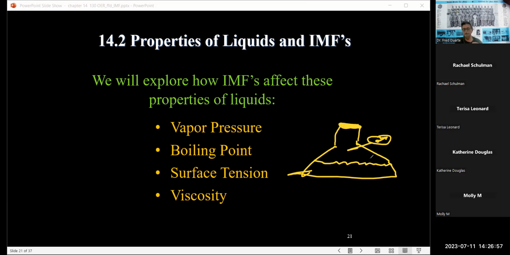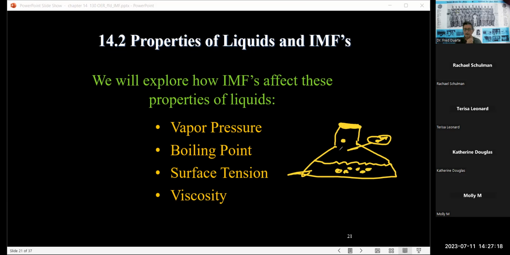Now the vapor pressure, like I stated, is shown here. If these molecules that are in the liquid, which I'm just going to draw as circles, hold on to each other tightly, then we're going to have fewer molecules in the vapor phase.